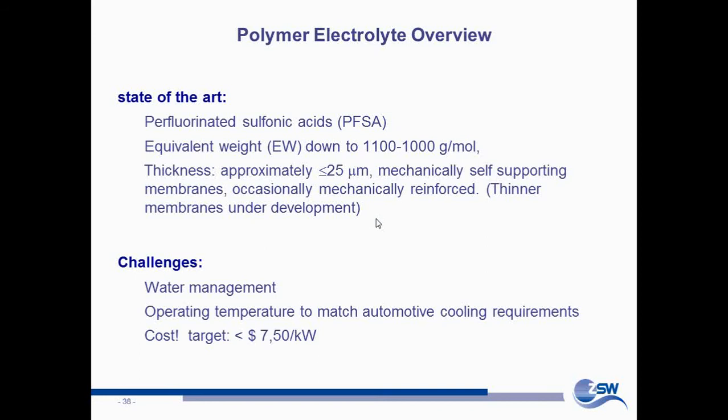However, under full power, one would rather have operating temperatures close to 90 to 95 degrees. Some people are talking about 120 degrees in order to minimize the coolant area in the vehicle.